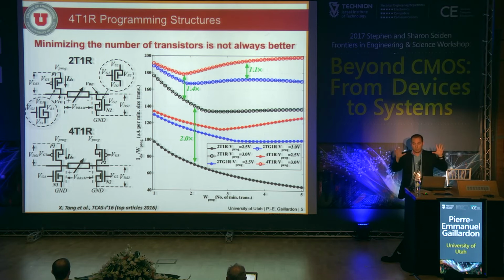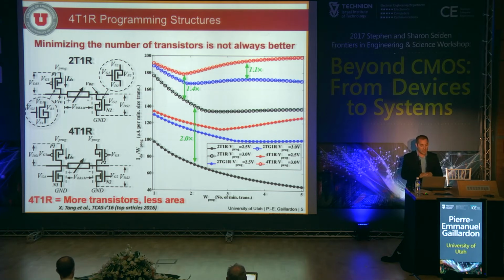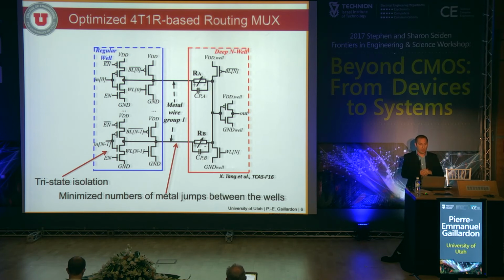So the general message here is that with a 4T1R device in the application of RRAM-based FPGA, we do have more transistors, but in fact we have less area, which is what counts at the end of the day. So based on this general idea, 4T1R structures are good to achieve low on resistance in our resistive RAM.